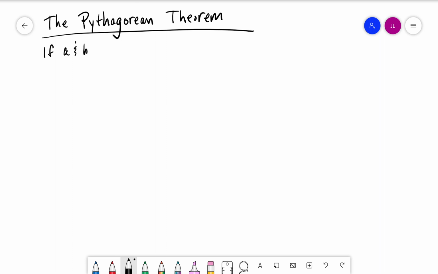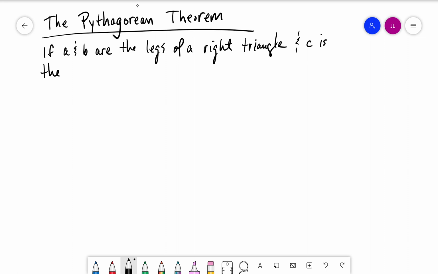A and B are the legs of a right triangle, and C is the length of the hypotenuse.